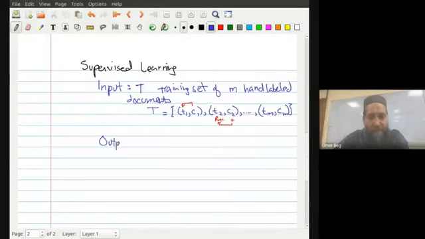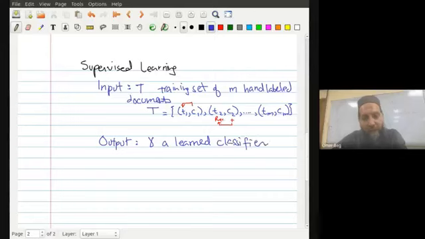The output is actually a learned classifier. Let me call it gamma. Gamma, a learned classifier. And we will generally call this a model as well.